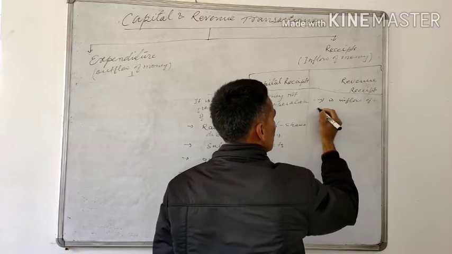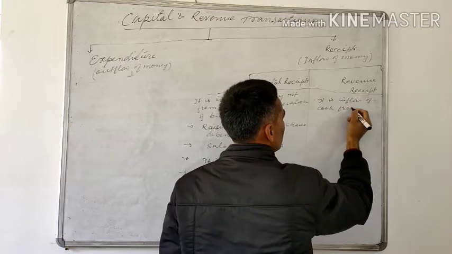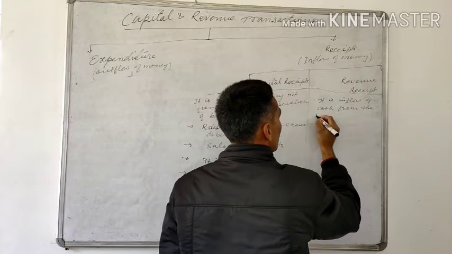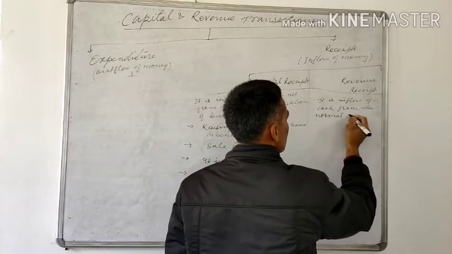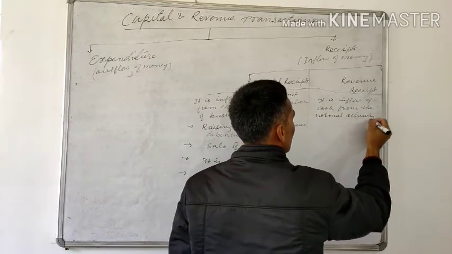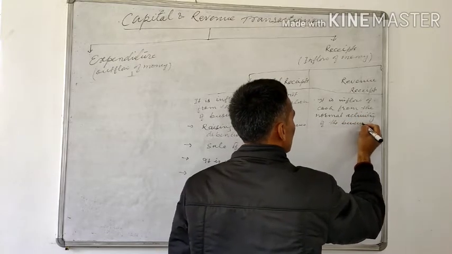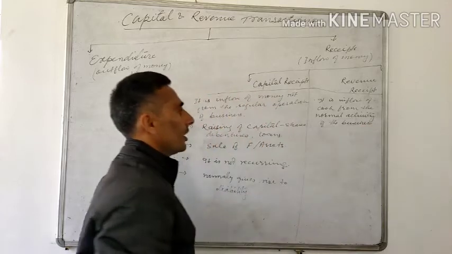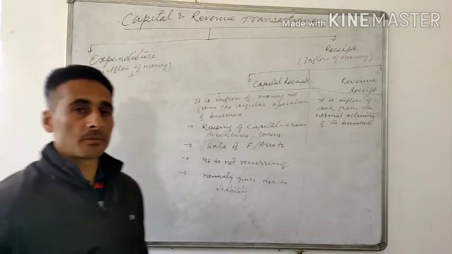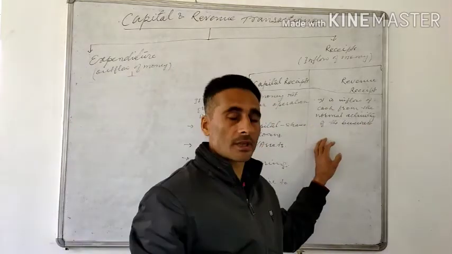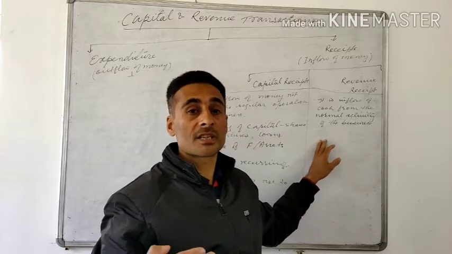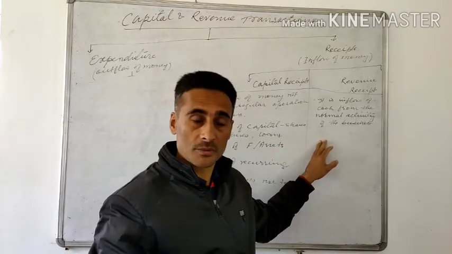Revenue receipt is inflow of cash or money from the normal activity of the business. Inflow of cash from the normal activity of the business will be termed as revenue receipt, that is, inflow of cash from the sale of goods or sale of services.